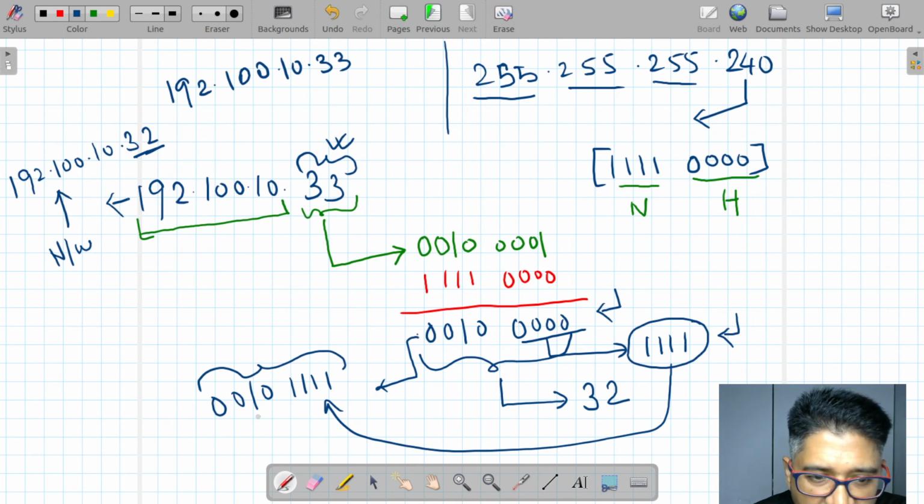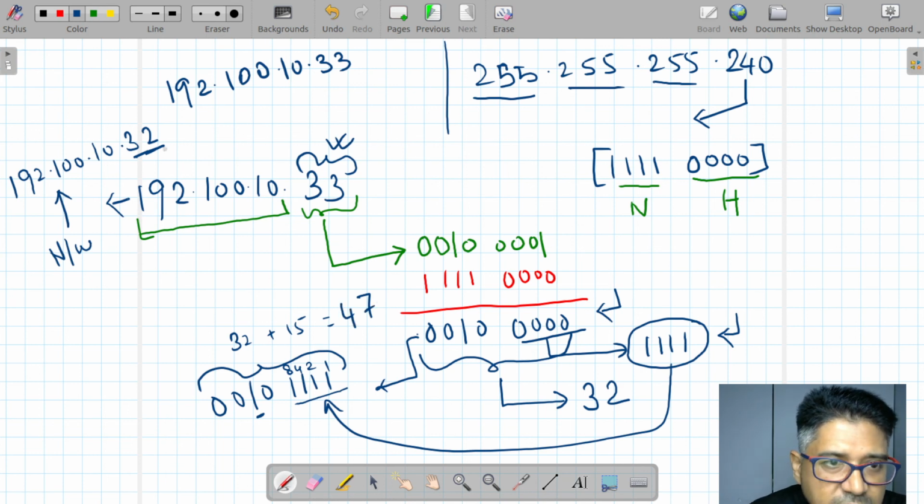What is this value? This value is 32, and the host part is 8 4 2 1, so you know this is 15. So the last octet will be 32 plus 15, that's 47.